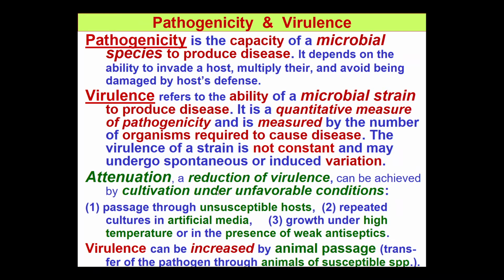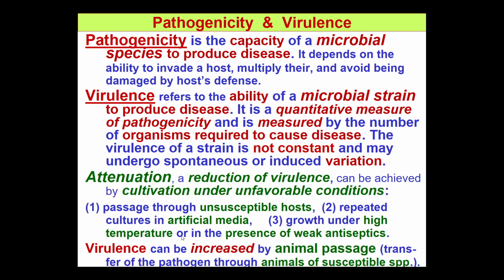Second variant of attenuation, repeated cultures in artificial media. So you may culture microbes a long time in pure artificial media, and some bacteria in this case lose their virulence. Third, growth under high temperature or in the presence of weak antiseptics.